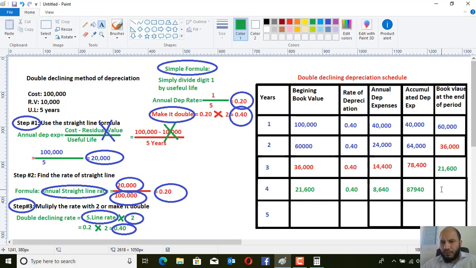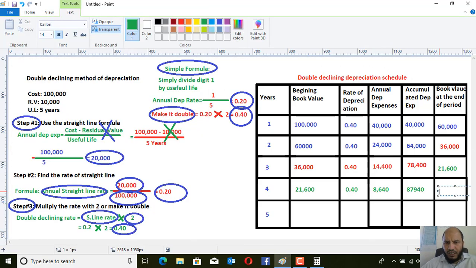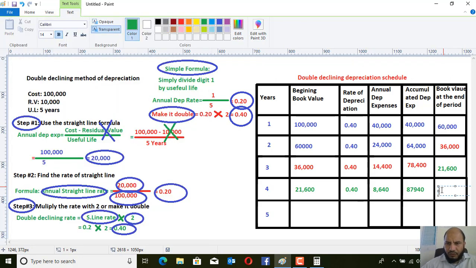Now we will find the book value at the end of the year. Our amount at the beginning of the period is 21,600. From this we will subtract 8,640, so we have the ending value 12,960. We will take 12,960 to the next year as the beginning balance.